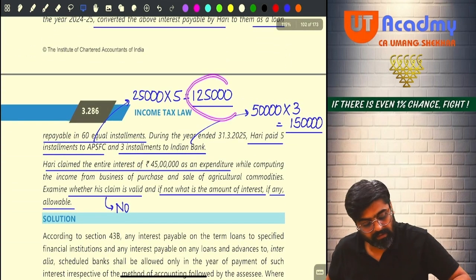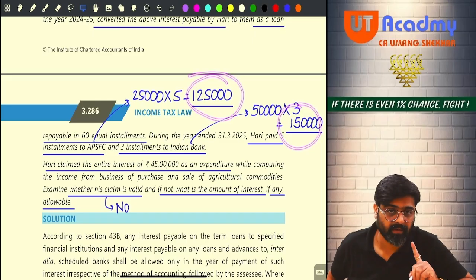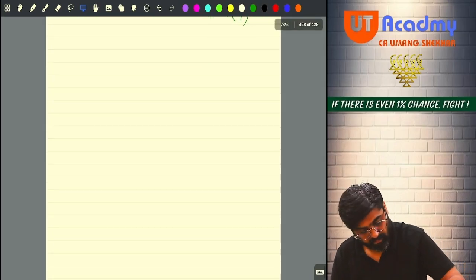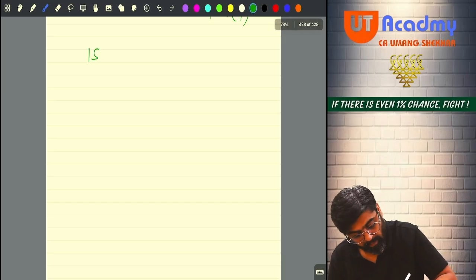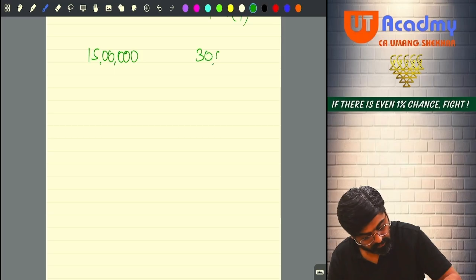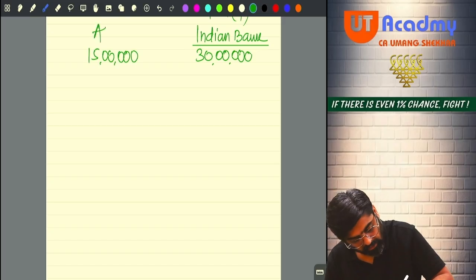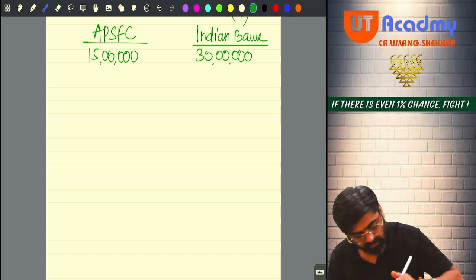So this and this. Wait. Tell me. 30 lakhs. This is Indian Bank interest. And this is Andhra Pradesh State Finance Corporation.